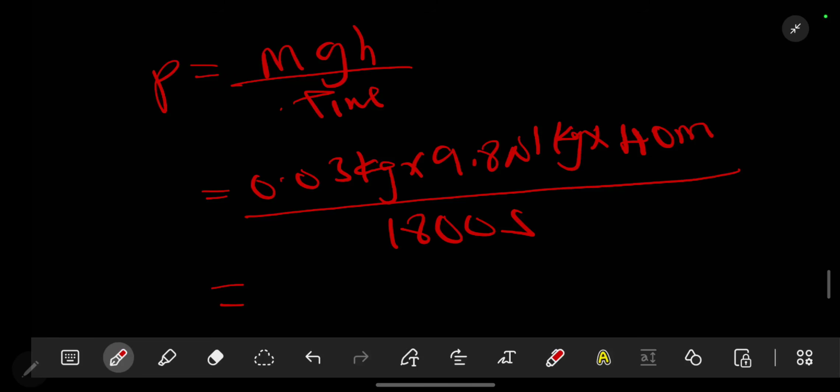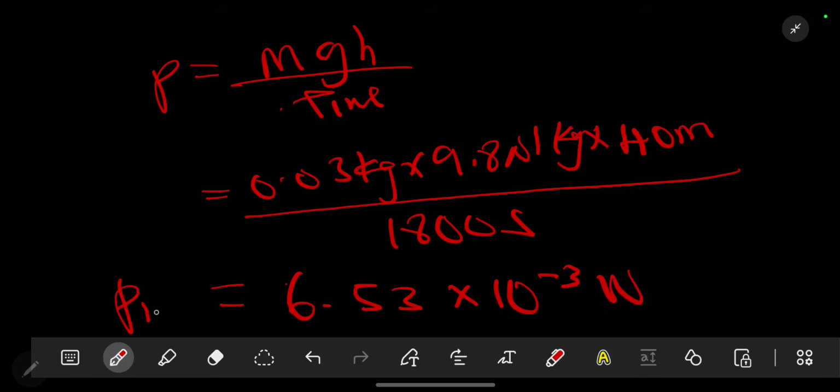When we multiply on top, 0.03 times 9.8 times 40 divided by 1800, this is going to give us 6.53 according to my calculator, times 10 to the power of -3 watts. So this, the amount it has achieved, is the power output.